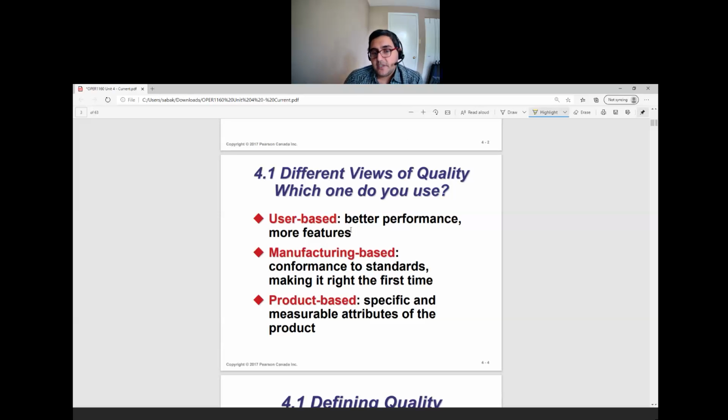I have to make sure that it is conforming to certain standards. In the case of this bolt, the standards refer to the number of threads involved in it, the diameter of this face, and so on. So that's based on the manufacturing perception. Sometimes it is defined in terms of the attributes present in an item. So the most important thing to understand is there is no single definition for quality.